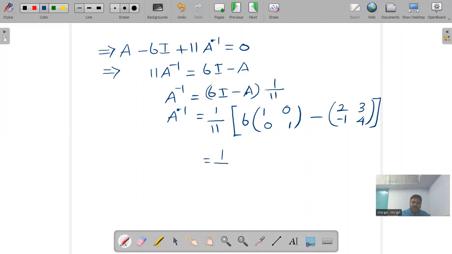So finally, A inverse becomes 1 by 11 times the matrix with entries 6 minus 2 is 4, minus 3, plus 1, and 6 minus 4 is 2. This is our A inverse.